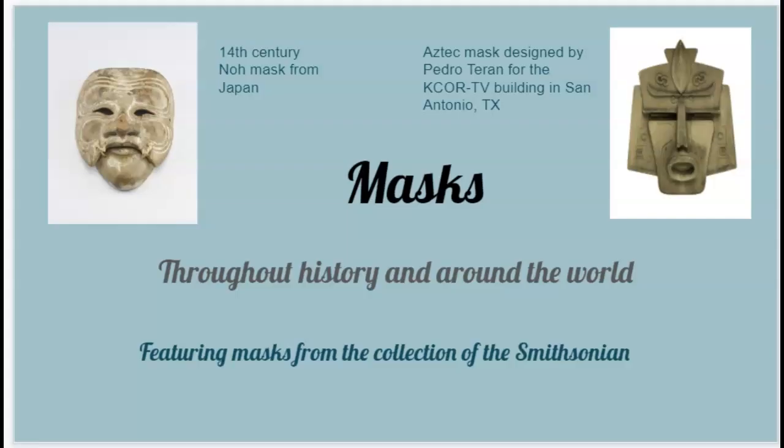It was done in an Aztec style, and it was made to decorate a building in San Antonio, Texas. It was for a TV station, so it was actually part of the architecture and the design of the architecture that wanted to give a nod to the Aztec history of the San Antonio region.